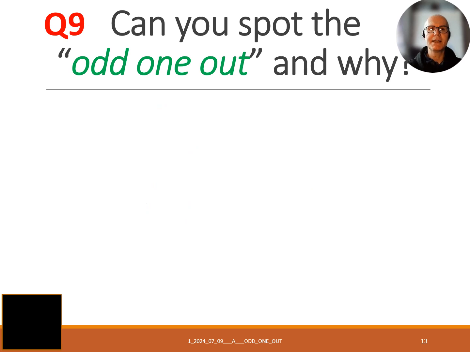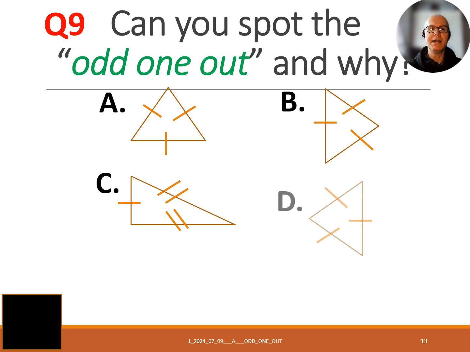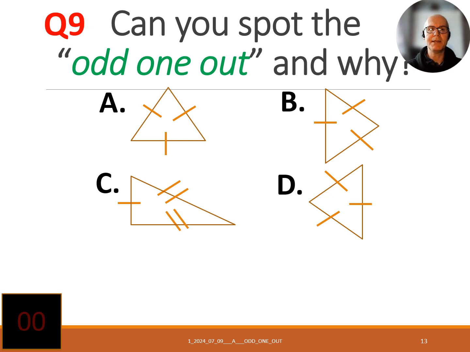Question 9. Can you spot the odd one out and why? A. This triangle. B. This triangle. C. This triangle. And D. This triangle. Can you spot the odd one out and why?